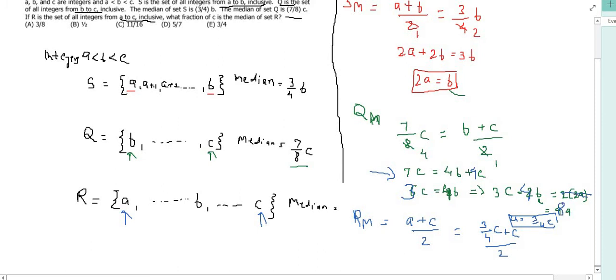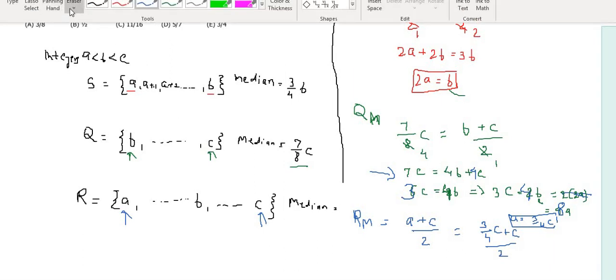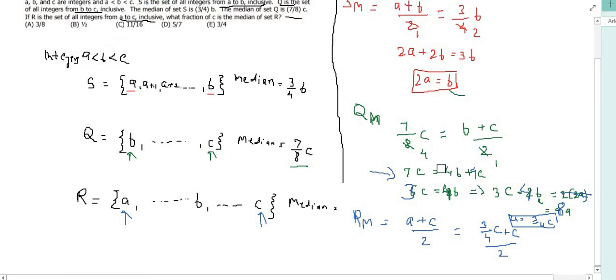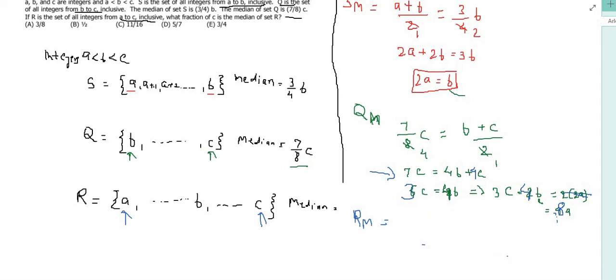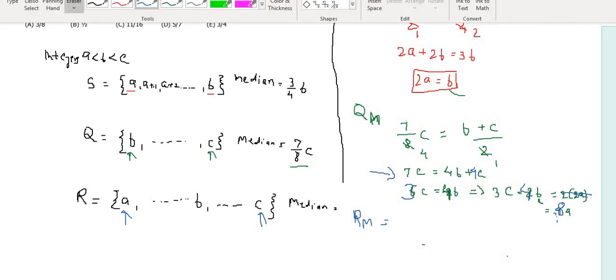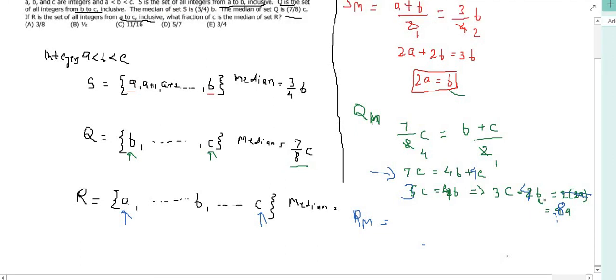Let me erase this. Now here you will have 3C is equal to 8A, or A is equal to 3 by 8 C.